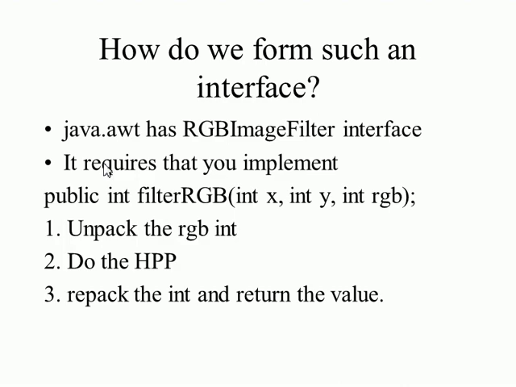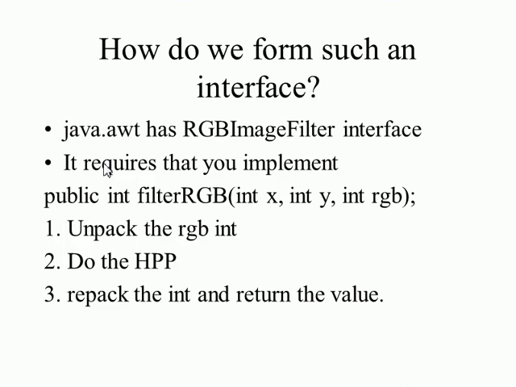Here's another one. We got x and y coordinates coming in. A 24-bit pixel packed into a 32-bit quantity called an RGB quantity. And the RGB quantity is packed in there with 4 different values. The most significant 8 bits will be alpha.